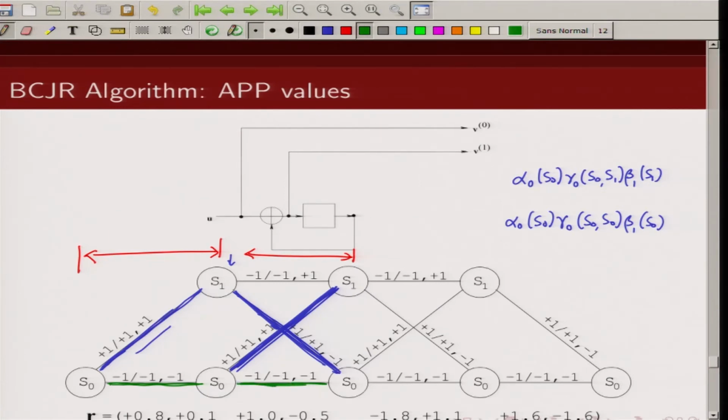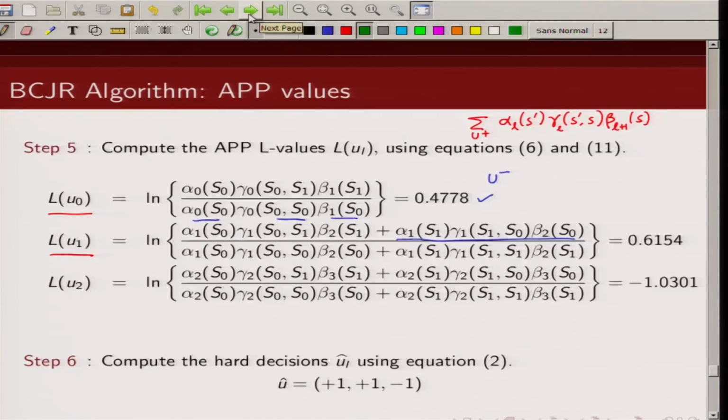One of them is this, and the second one is this. So, in the denominator also you will have two terms: alpha 1 s 0, gamma 1 s 0 s 0 times beta 2 s 0, plus alpha 1 s 1, gamma 1 s 1 s 1 times beta 2 s 1, and that is what you have here.